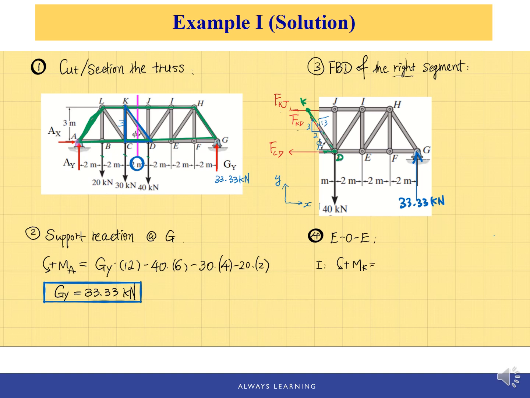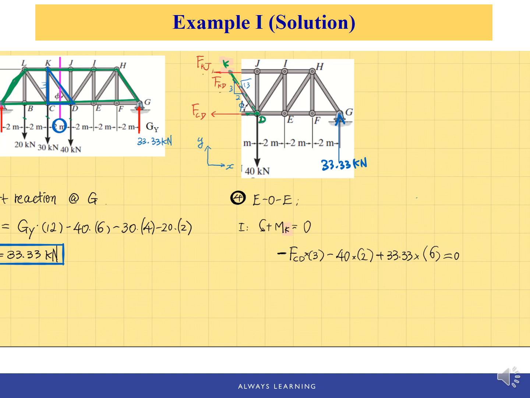Another point for us to realize is that this point K here actually is not on the rigid body. But we can still use it, because the equilibrium condition states that the moment about any point is 0. This includes any point on the body or any point outside of the body. Any point in space will work. So that's why we can write the moment about point K equals 0 equation.